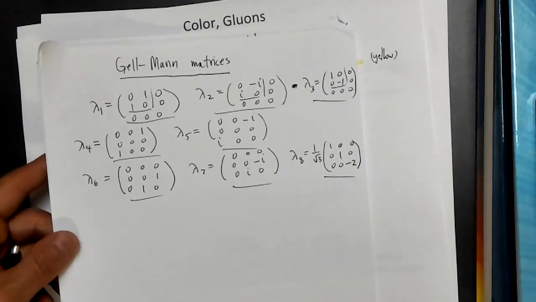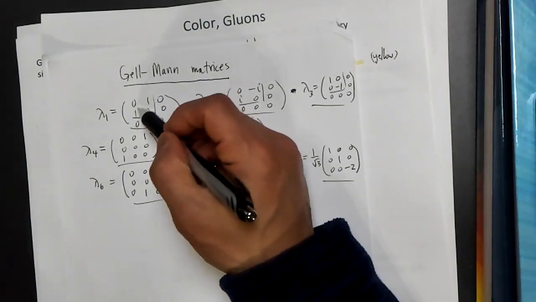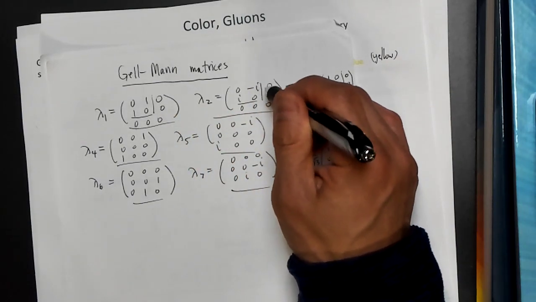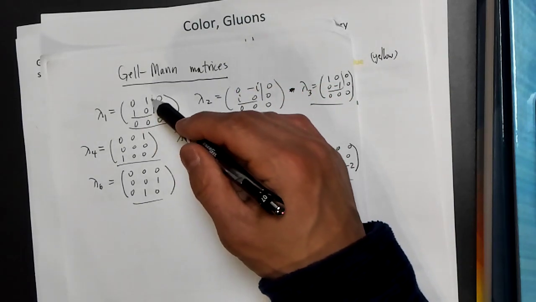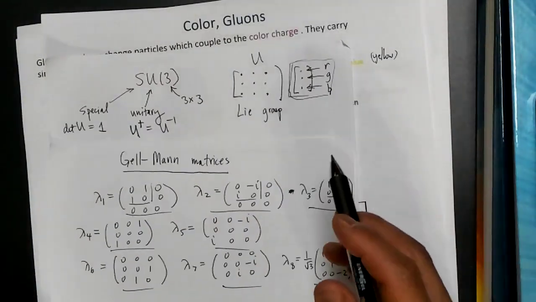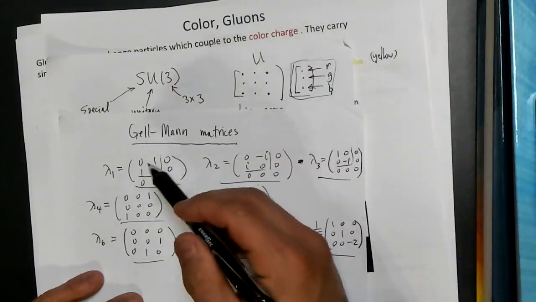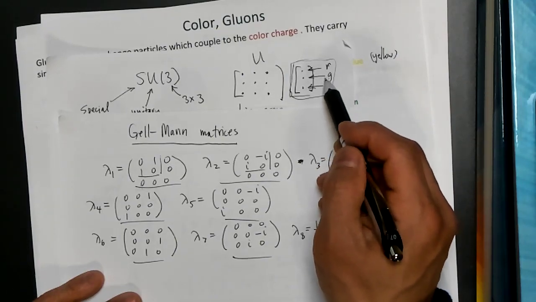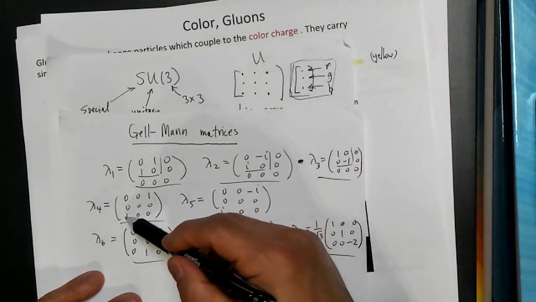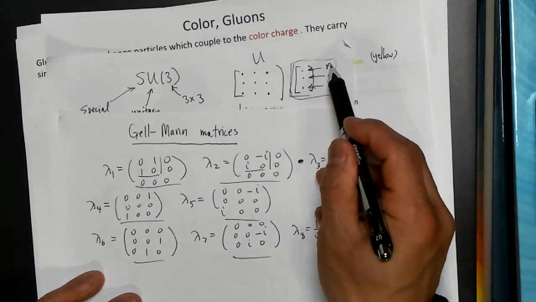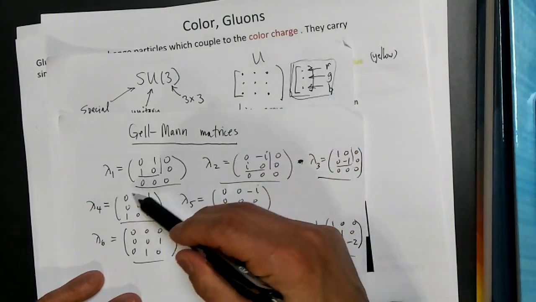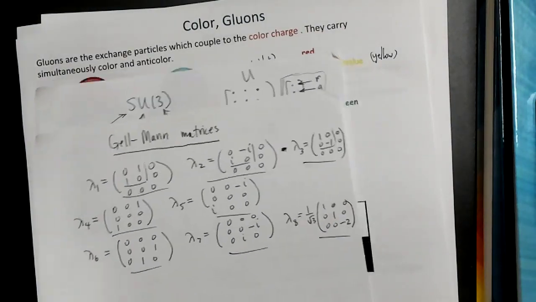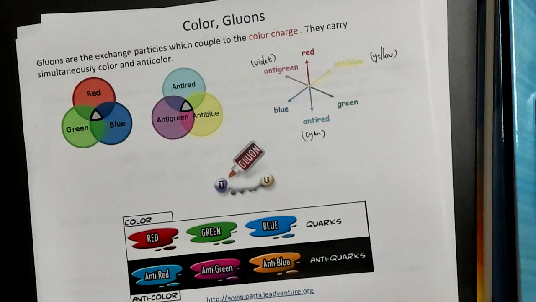And you can think of these elements of the Lie algebra as making conversions. For example, if I think of the top 2 as being red and green, then I can think of this matrix as somehow interchanging red and green. And if I think of the outer ones as being red and blue, this is interchanging red with blue. That's one way to think about what's going on with the colors for the gluons.